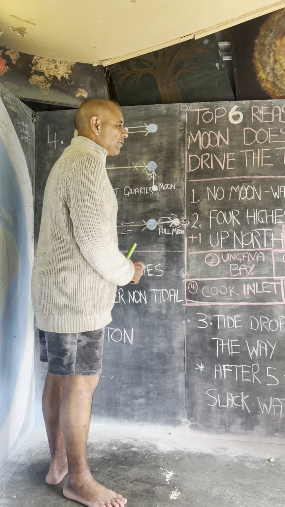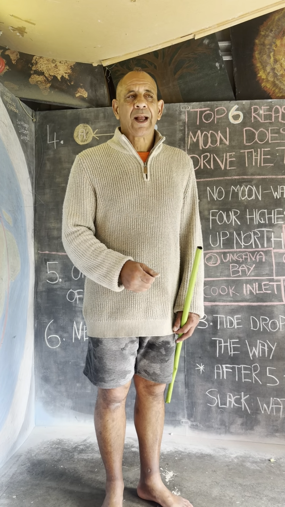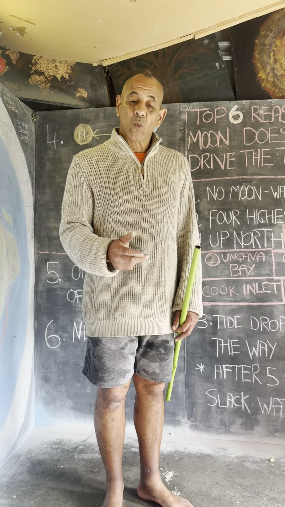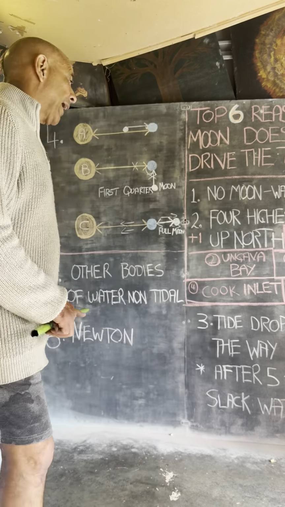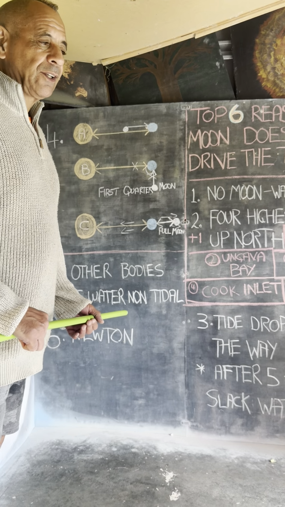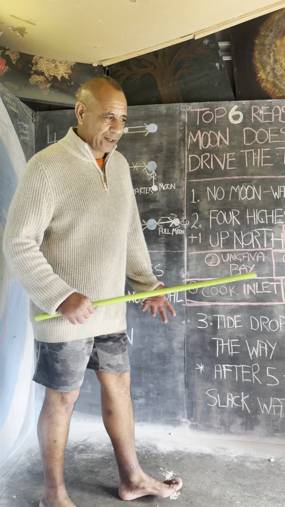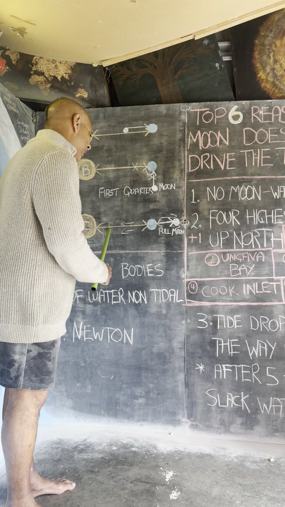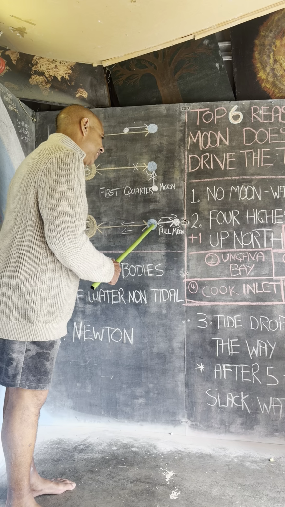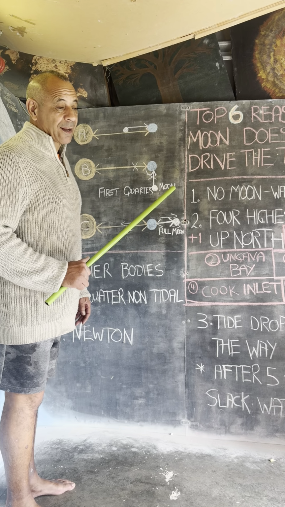But funnily enough, it's some of the highest tides. How does that work? Once again, logic has gone out of the window. And common sense. You don't need anybody to tell you, surely, that if that's pulling that way and that's pulling that way, it's not going to be the same as that, is it?